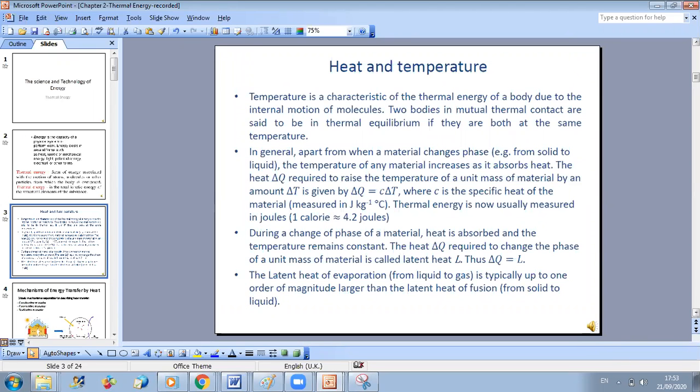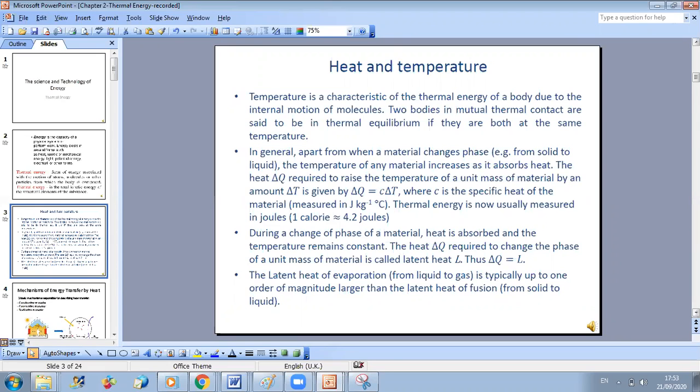So to start with, temperature is a characteristic of the thermal energy of a body due to the internal motion of molecules. So the higher the motion level of the molecules, the higher the temperature of your body. Now, two bodies in mutual thermal contact are said to be in thermal equilibrium if they are both at the same temperature. Okay? And one of the main laws of thermodynamics is the zeroth law of thermodynamics.